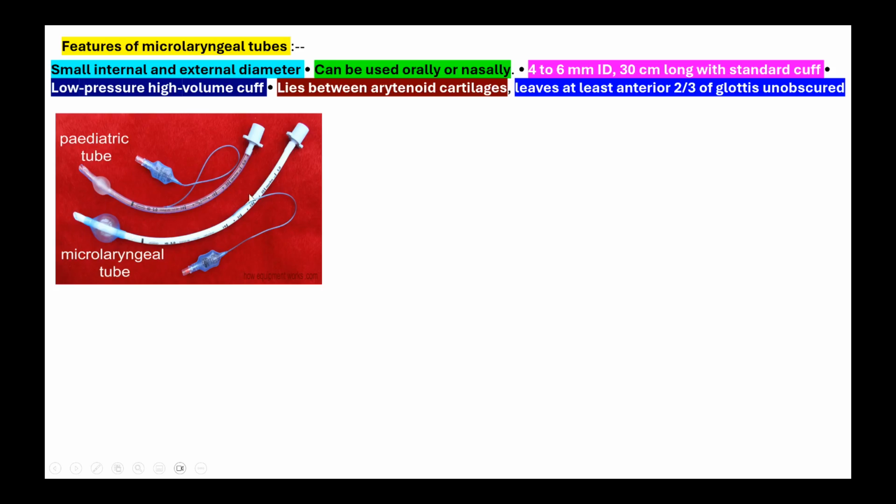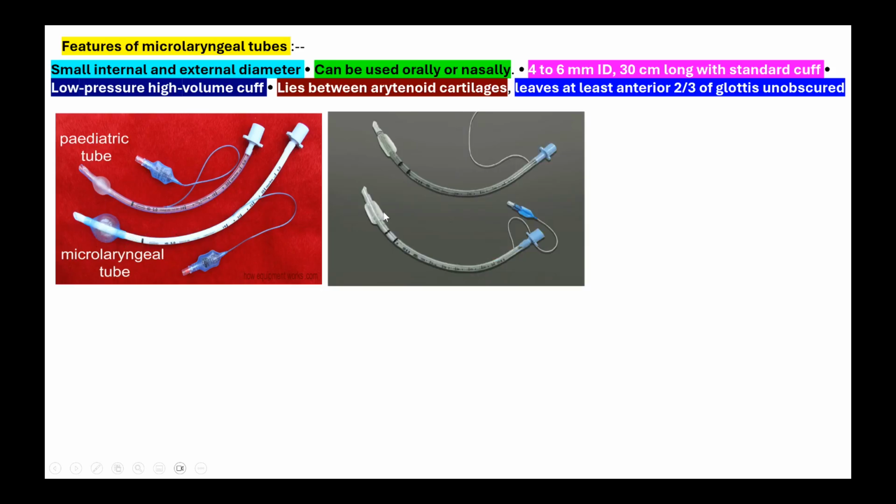This is a microlaryngeal tube, and they have a low pressure, high volume cuff to prevent any material going down the lower respiratory tract. Now these are the two tubes I am showing, which are all microlaryngeal tubes.